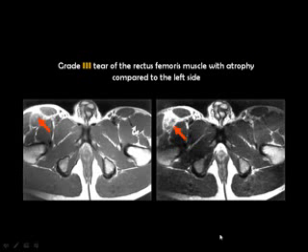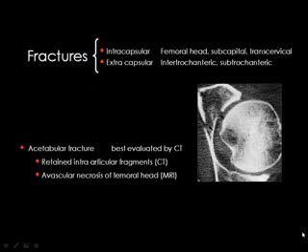Then the stage 3 muscle injury, you see the rectus femoris muscle here is atrophic compared to the rectus femoris muscle, which is normal. Then you can see the degeneration and atrophy of the muscle.